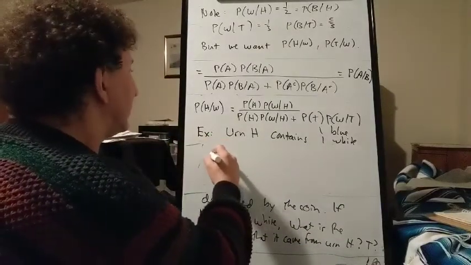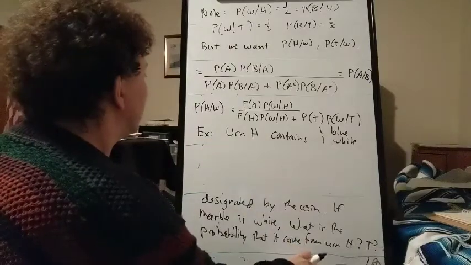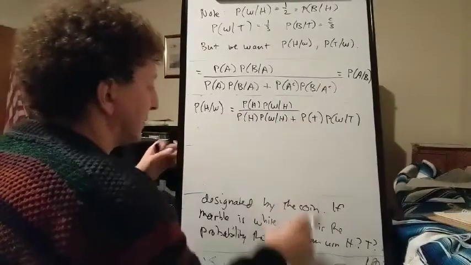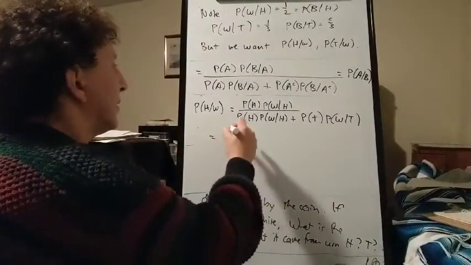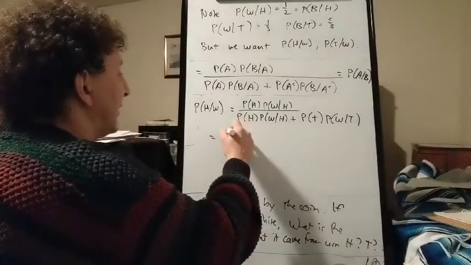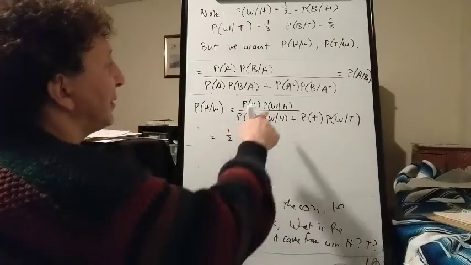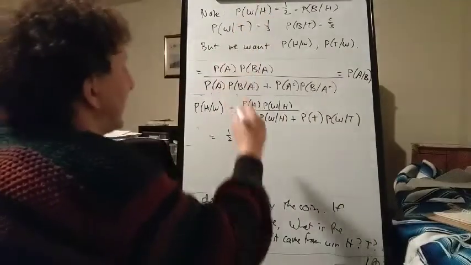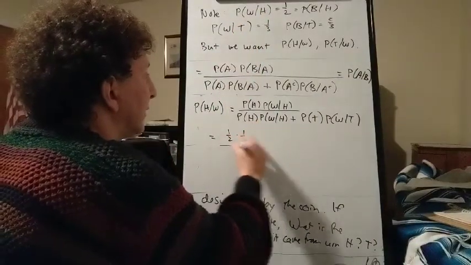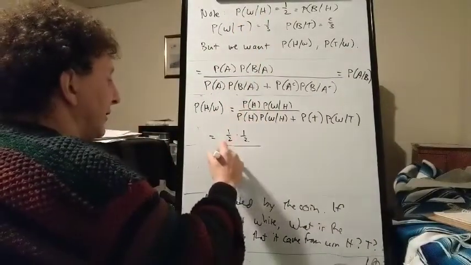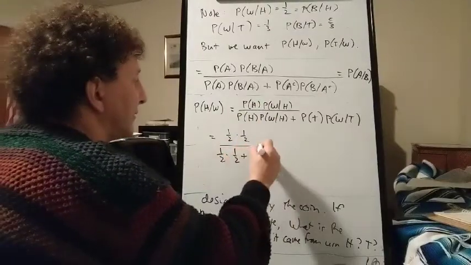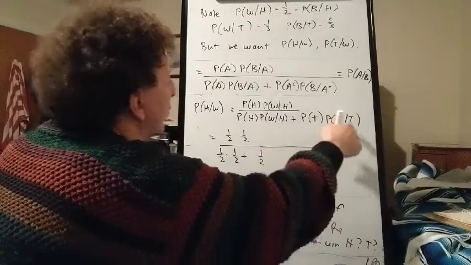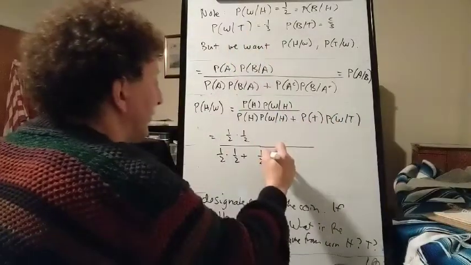So this is probability of heads, 1/2. Probability of white given heads is 1/2. And then on the bottom we have that product also, plus the probability of tails, which is 1/2. Probability of white given tails, which is 1/3.